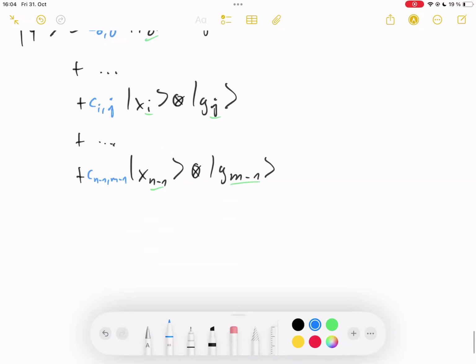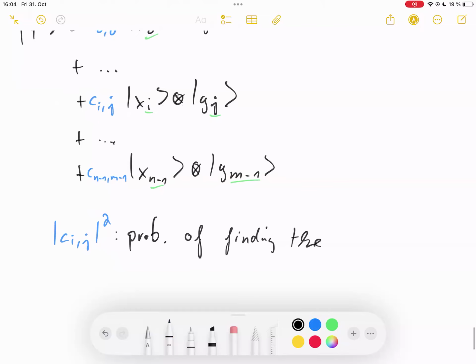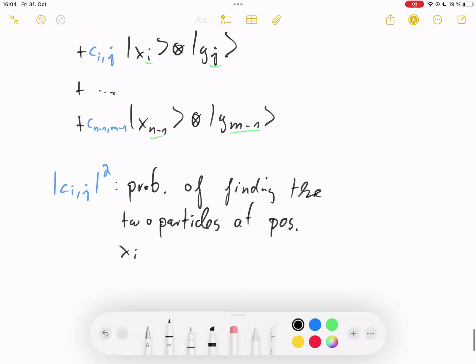And then I have these complex amplitudes, and eventually, if I have something like Ci,j modulo squared, this would give us the probability of finding the two particles at positions xi and yj respectively.